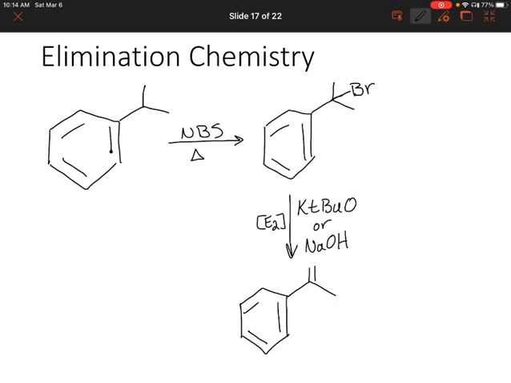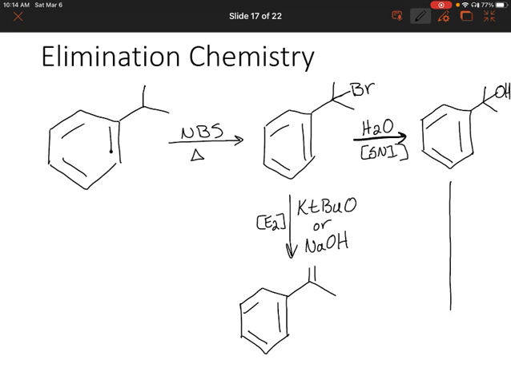Another option, we could turn that bromine into an alcohol group. So maybe we go through the SN1 mechanism, like we saw on the last slide. That's an alcohol there.